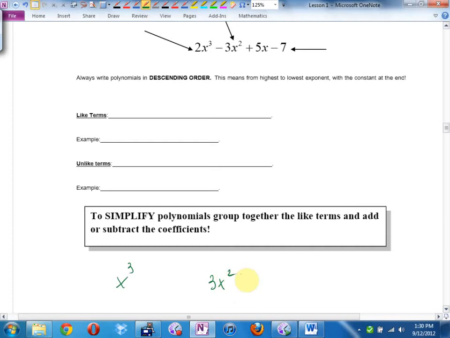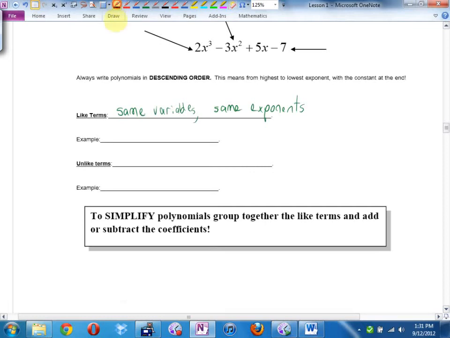There's one more: same variables, same exponents.